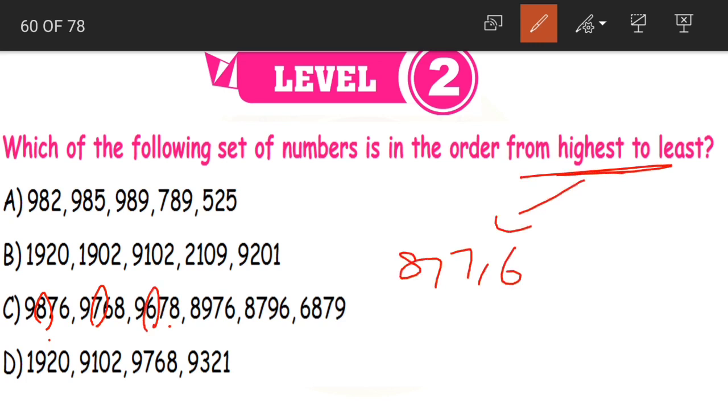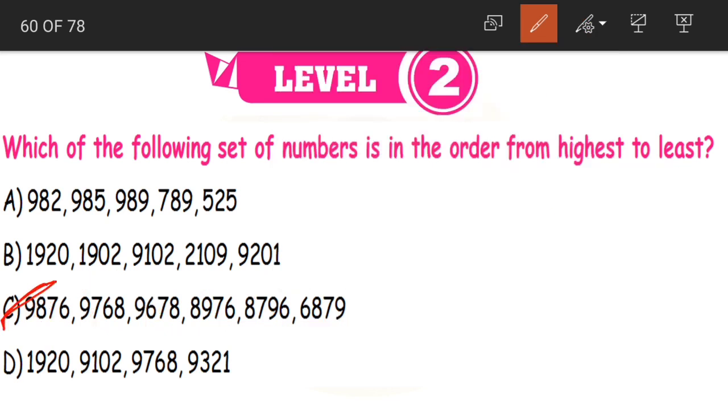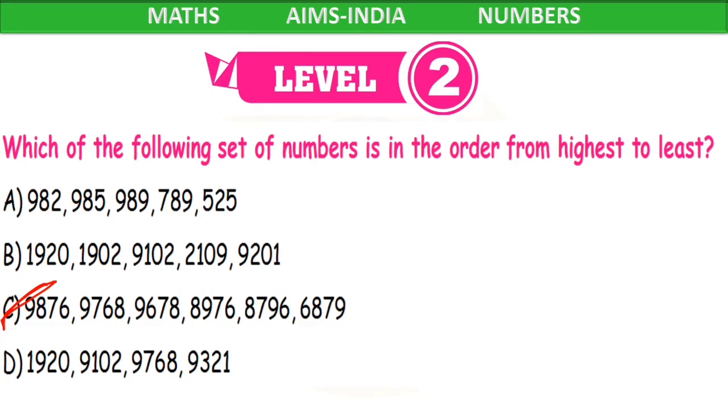Again, this is in the order of highest to least, right? Yes. So these are correct. Coming to the next digits. 9, 7. Again, these are in the order of highest to least. Correct. And lastly, we are having 6000. So in option C, all the numbers are in the order from highest to least. So option C becomes our correct answer.